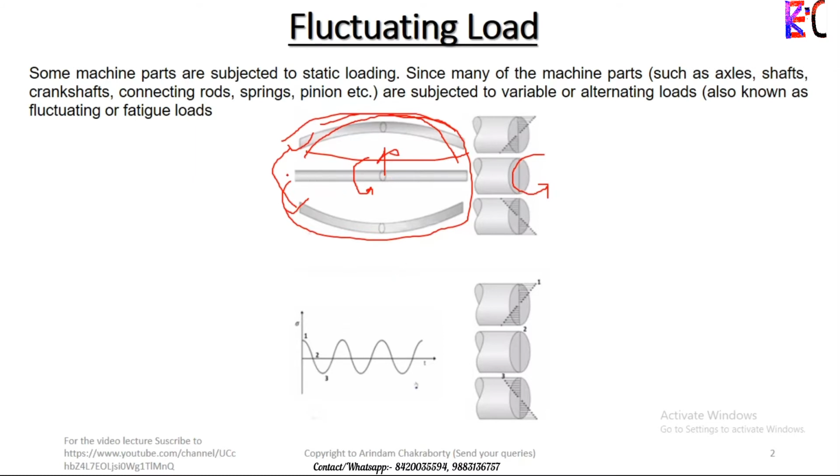Now this thing can be explained in terms of sinusoidal waves or cosine waves. That depends on how you are loading. For a shaft it is a cosine wave, because it starts with a maximum value and ends with a minimum value. So this is the cosine wave you can see in a shaft when it is rotating.